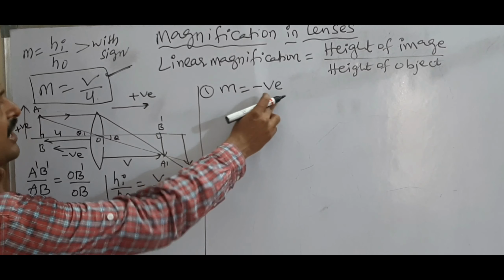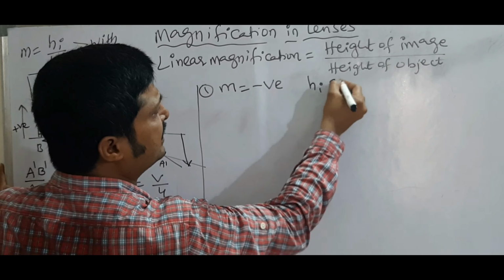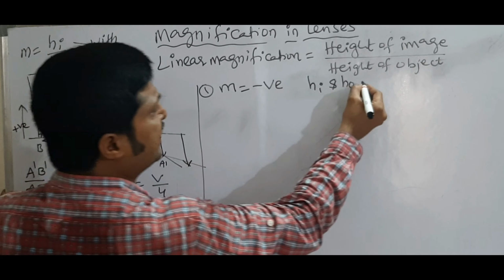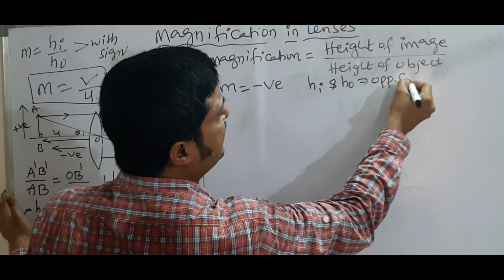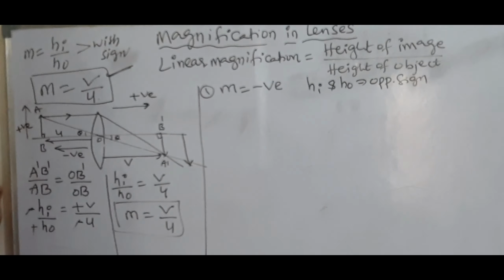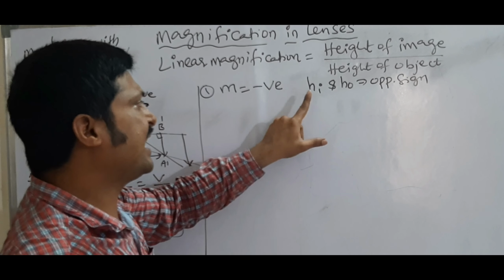See here, if magnification is negative, we know very well magnification means height of image by height of object. Magnification negative means height of image and height of object should be on opposite sides, that means one is positive and another one is negative.